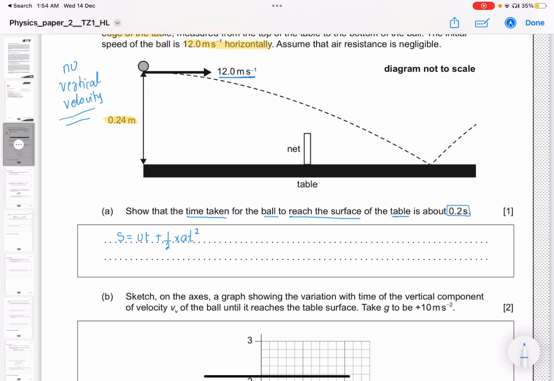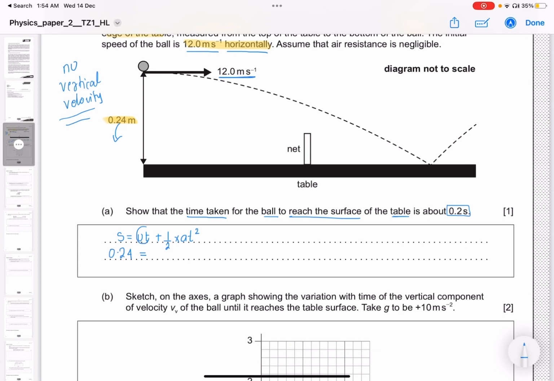I'm using the vertical displacement, so the vertical displacement is 0.24. To use the vertical displacement, I need to use the vertical velocity, which is zero, as there's only horizontal velocity of 12 meter per second.